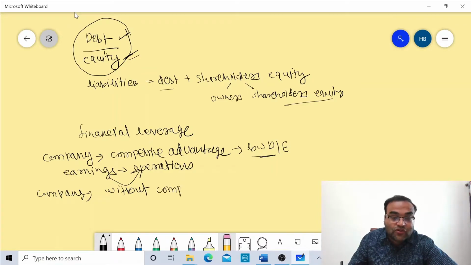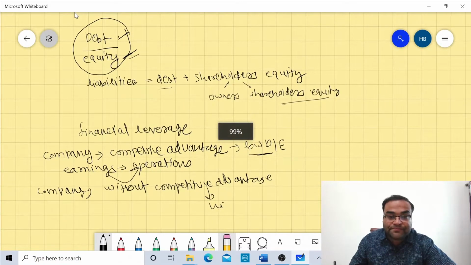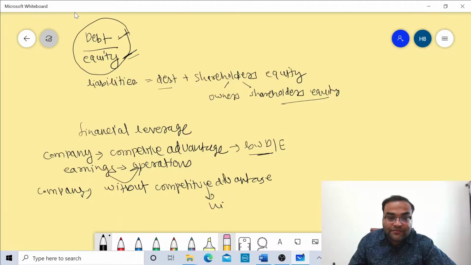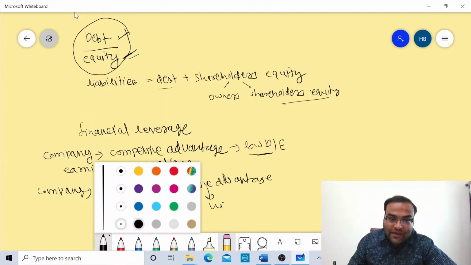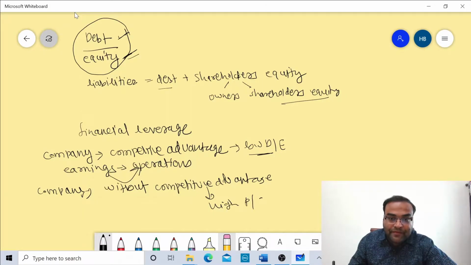In contrast, the company without competitive advantage will have a high DE ratio.